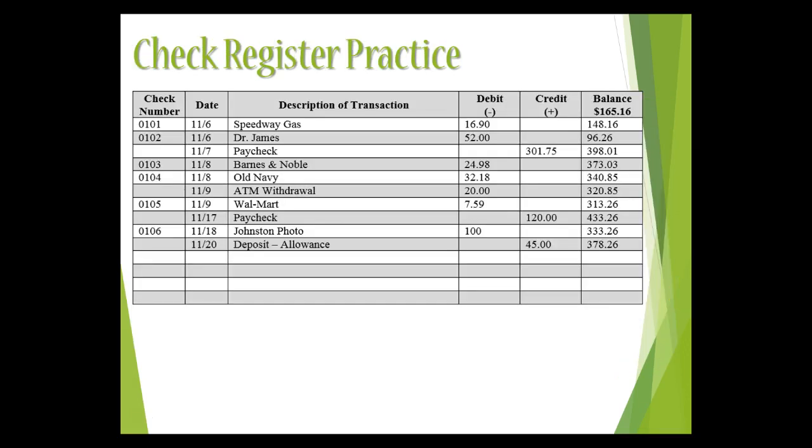And if we go back to our check register, we see that we also believe that we have $378.26. So in this case, our check register and bank statements are reconciled because we both came to the same amount of money in our account.